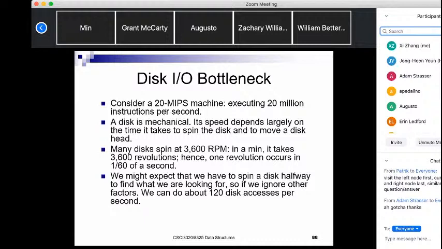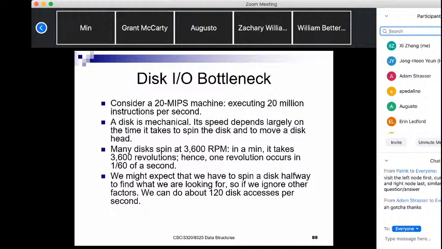It's an actual physical rotation, so even with the fastest motor in the world, it can only go so fast. In the real world, a low-end hard disk drive may be 7,200 rotations per minute, and a high-end hard disk drive might be 14,440 rotations per minute, around that number.